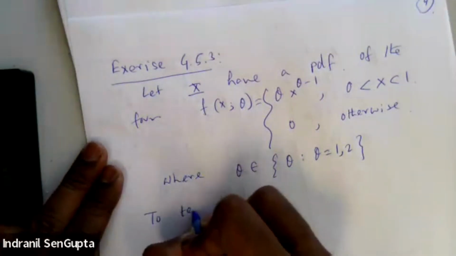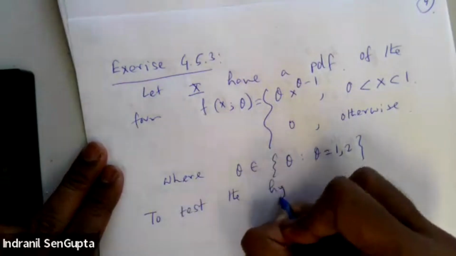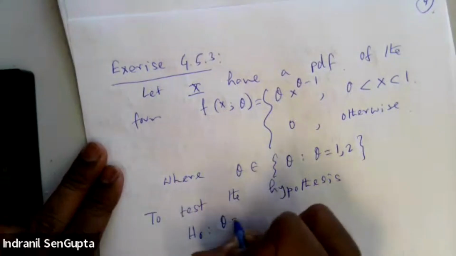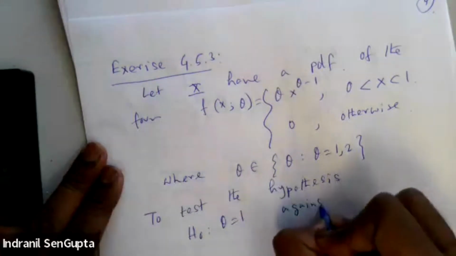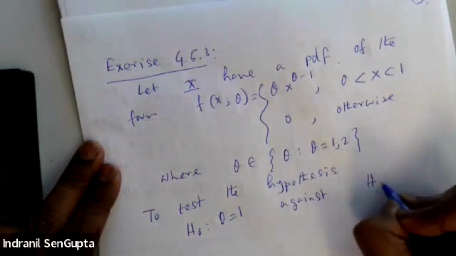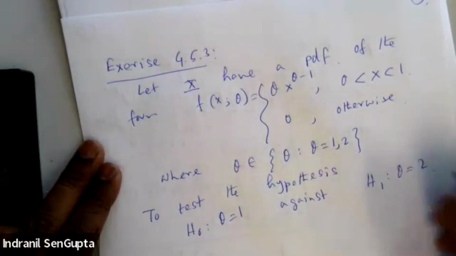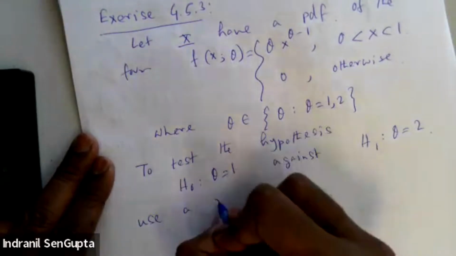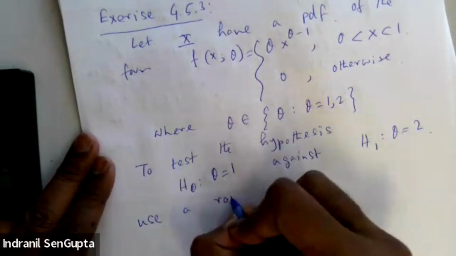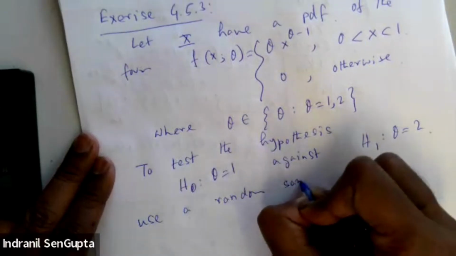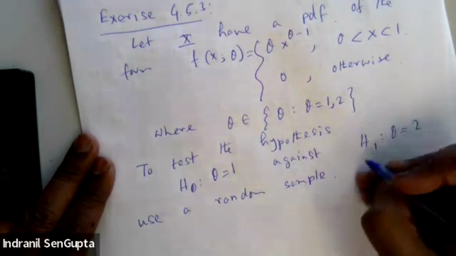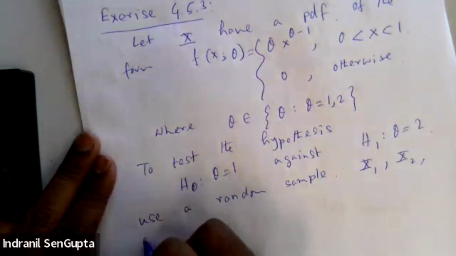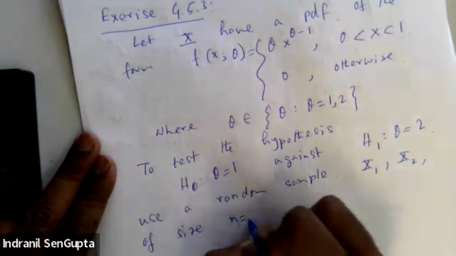To test the hypothesis H0: theta equals 1 against the alternative hypothesis H1: theta equals 2, we use a random sample X1 and X2, just two samples, of size n equals 2.